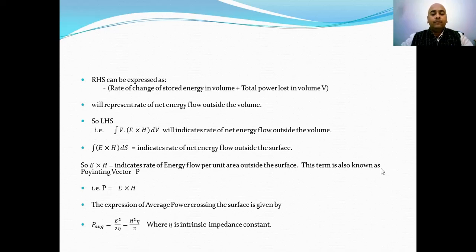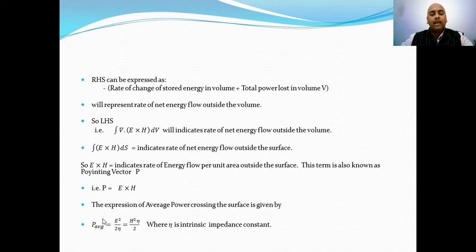So the term E cross H is known as the Poynting vector, and P is equal to E cross H, and the Poynting vector will represent the rate of energy flow per unit area outside the surface. So by using mathematical expressions, the expression of average power crossing the surface in terms of electric field and magnetic field can be obtained.